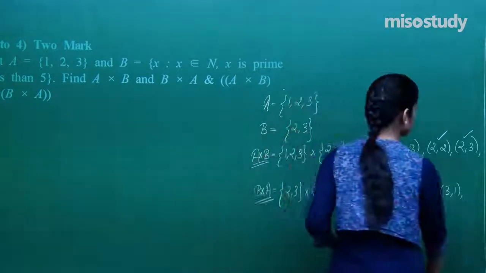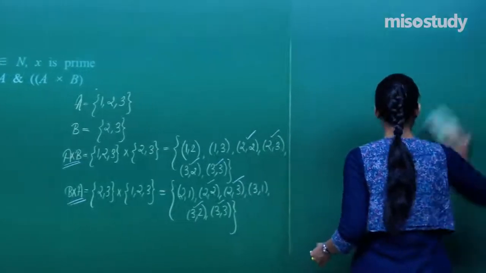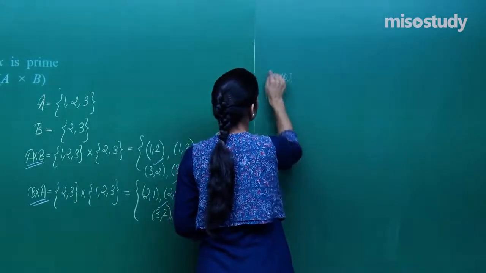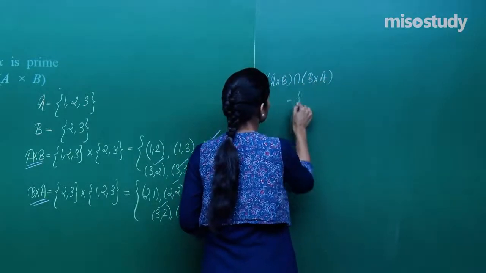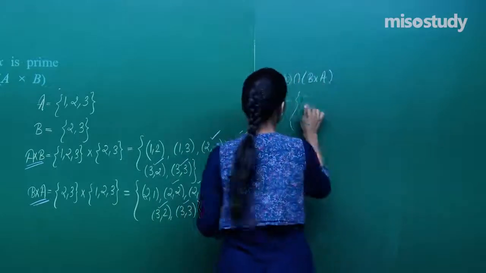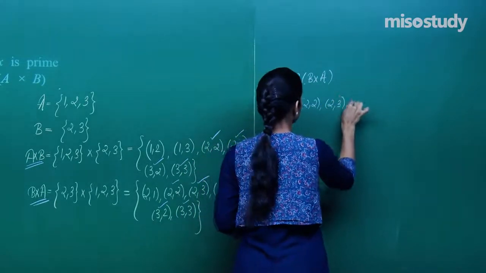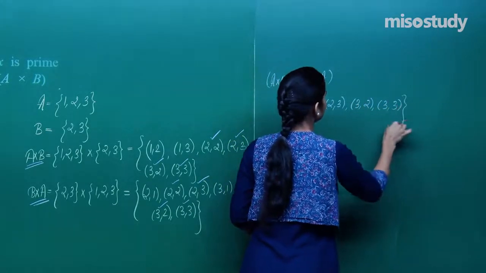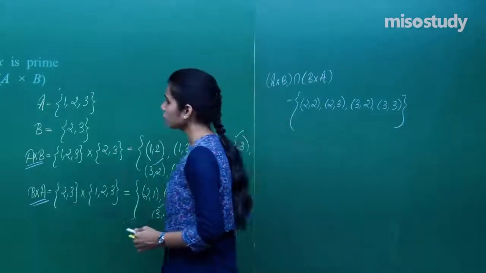So there are 4 ordered pairs common in both sets, and therefore A cross B intersection B cross A is the set of 4 ordered pairs: 2, 2, 2, 3, 3, 2 and 3, 3. Is it clear? That completes our discussion over this question.